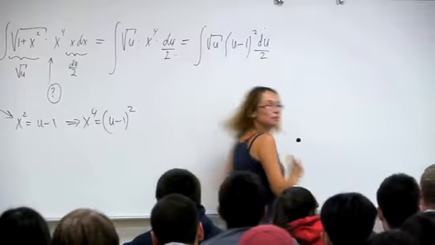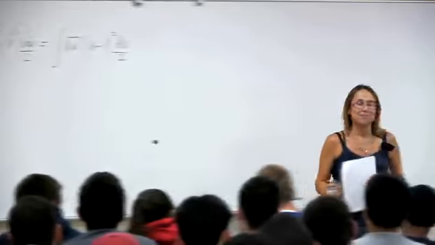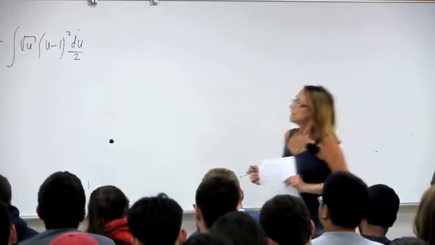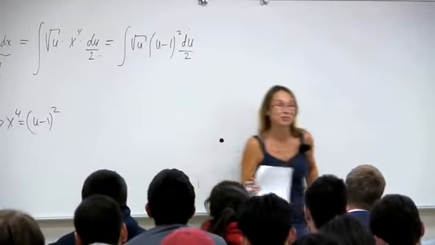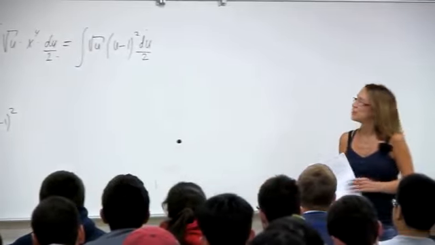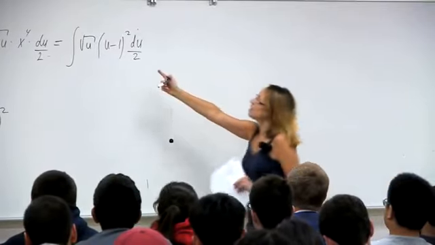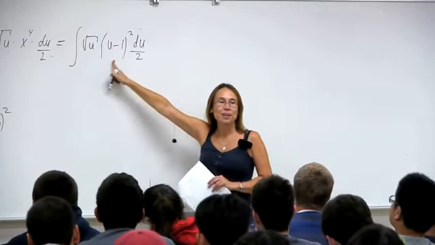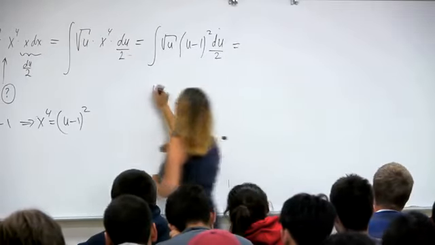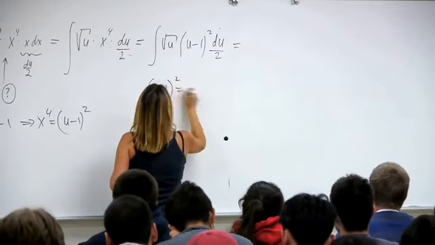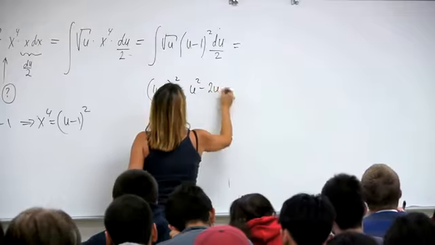Now, is this any better than what I started with, is the question. I don't want to go in circles. And it is better, okay? Because this is a power, and powers are harmless. I can expand them, okay? So I'm going to write u minus 1 squared as u squared minus 2u plus 1.